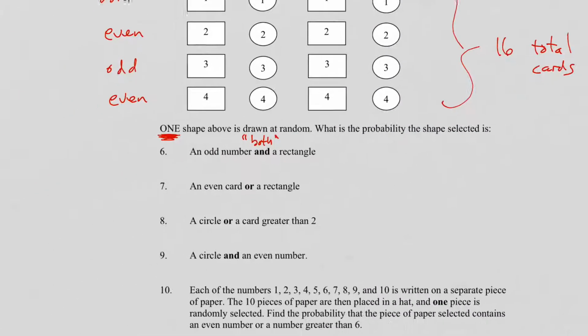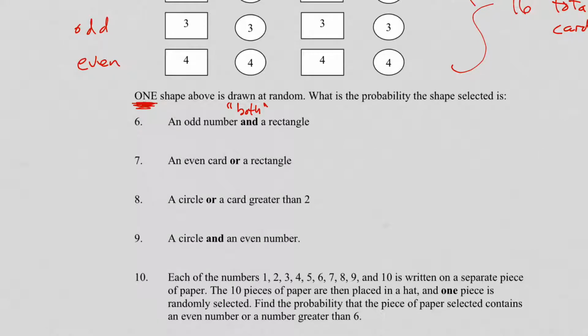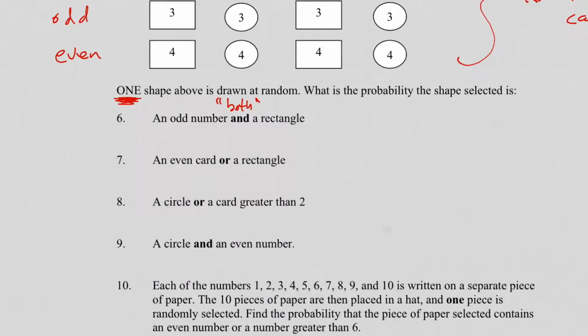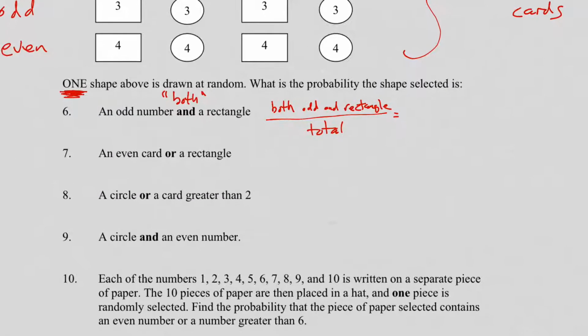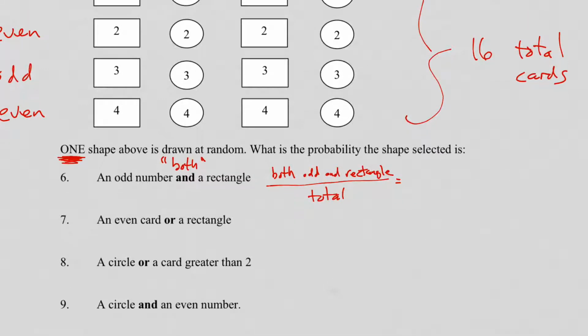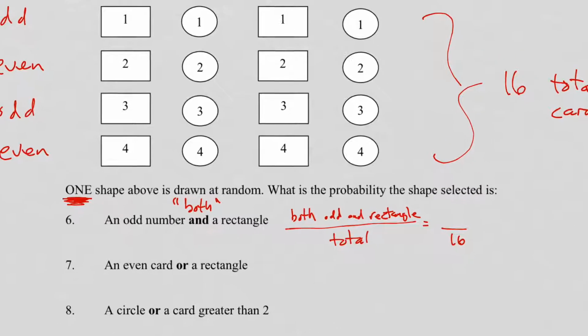Okay. All right. So both odd and rectangle over the total. That's it. Both odd and rectangle over the total. So how many is that? We said 20. Oh, I'm sorry, 16. So how many are both a rectangle and odd?